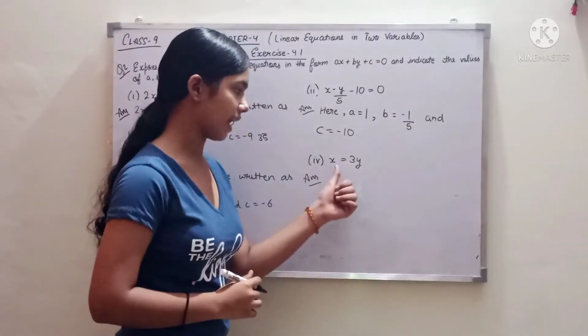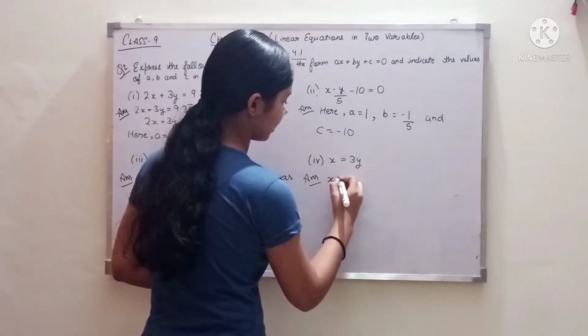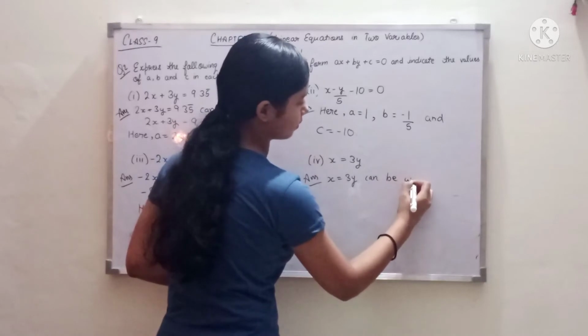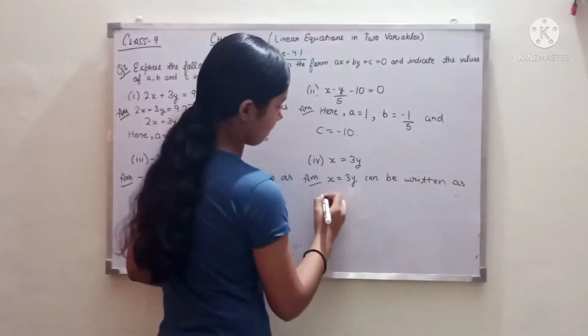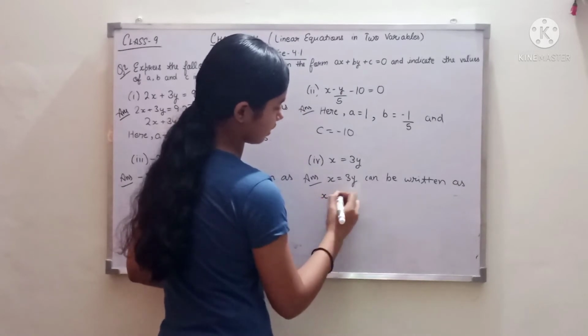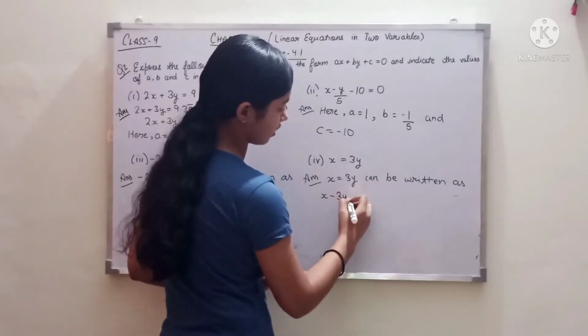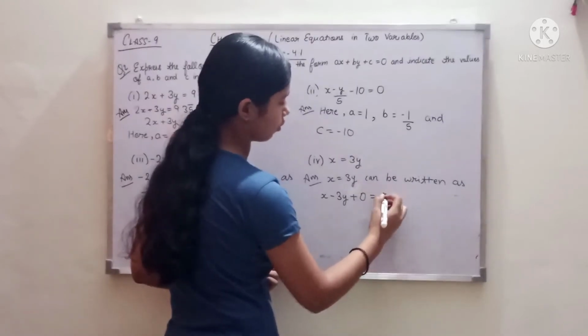Now coming to the fourth part. The fourth part is x is equal to 3y. So x is equal to 3y can be written as x, here positive, so here is negative, minus 3y plus 0 is equal to 0.